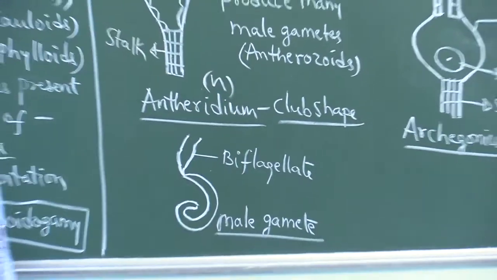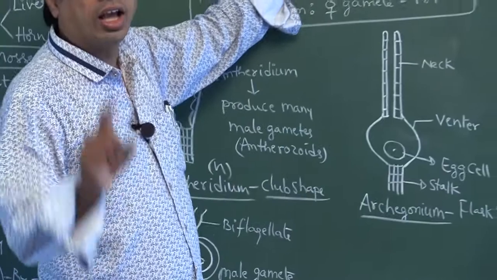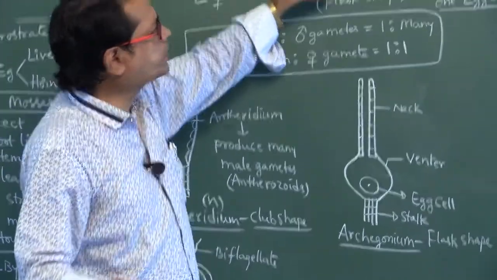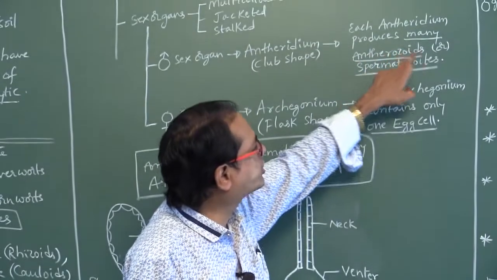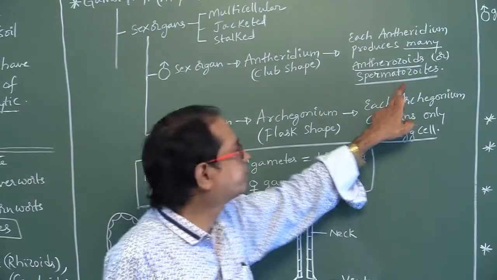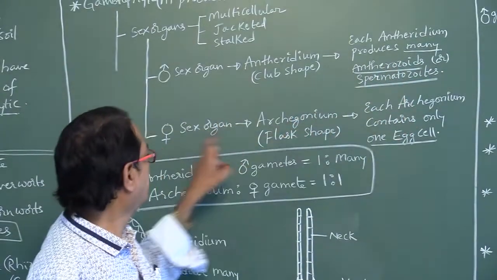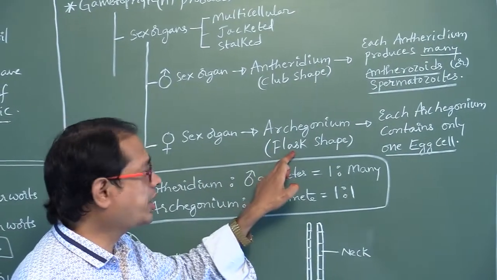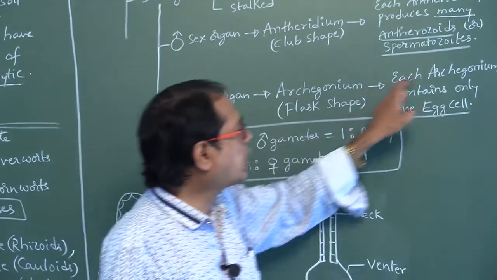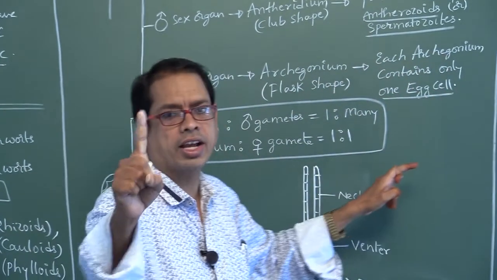The male sex organ is called Antheridium, which is club shaped. Each Antheridium produces many antherozoids or spermatozoids, which are haploid in nature. The female sex organ is called Archegonium, flask shaped. Each Archegonium contains only one egg cell.